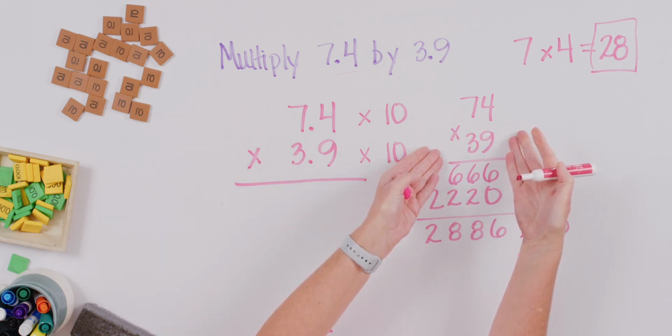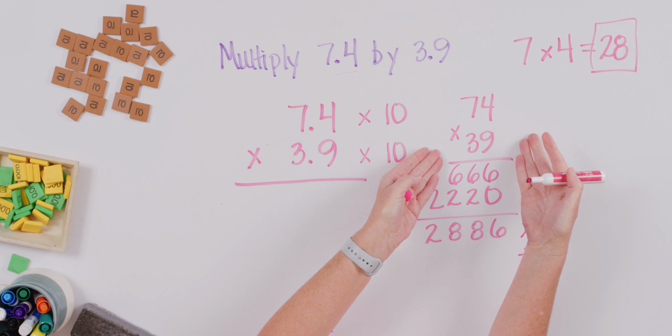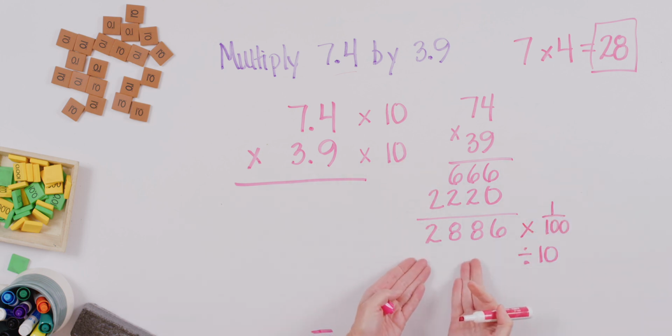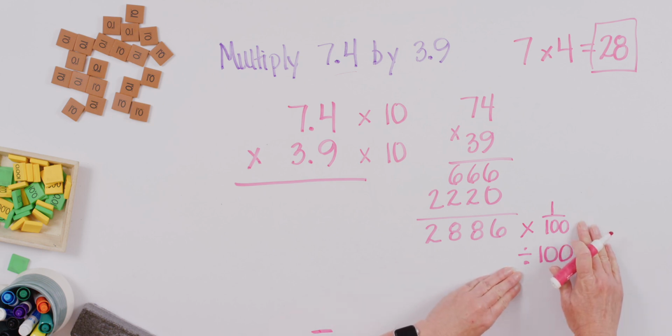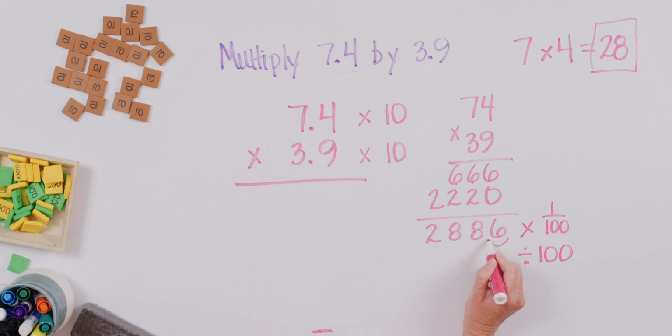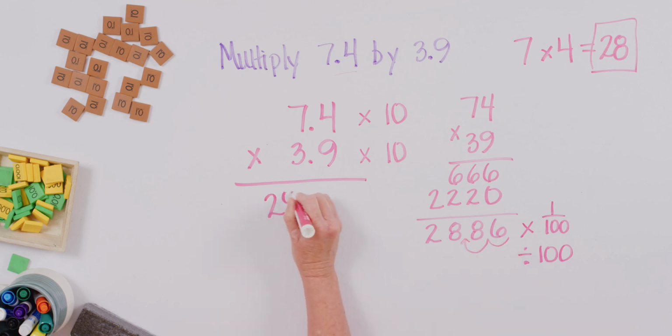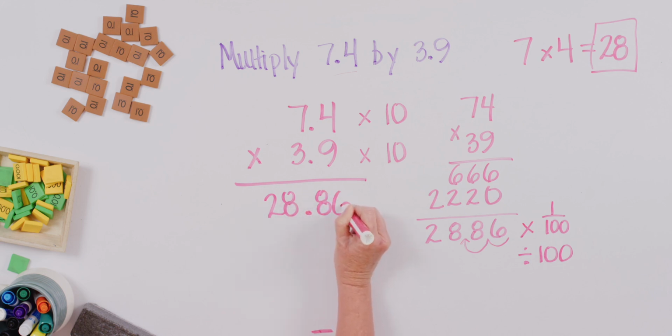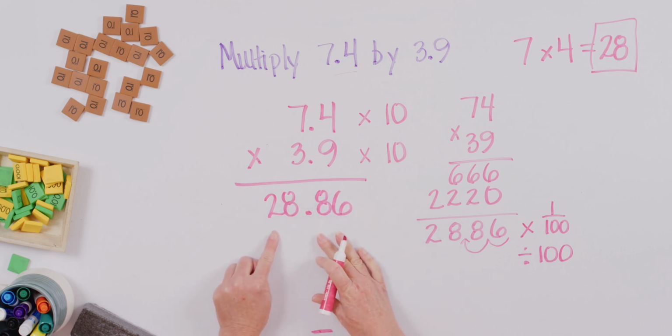So because of that, 10 times 10 does equal 100. So now I need to divide by 100 or multiply by 1/100th. So what's going to happen to our decimal? It's going to move over twice, which looks like that is very close to our estimate, isn't it? So our final answer should be 28 86/100.